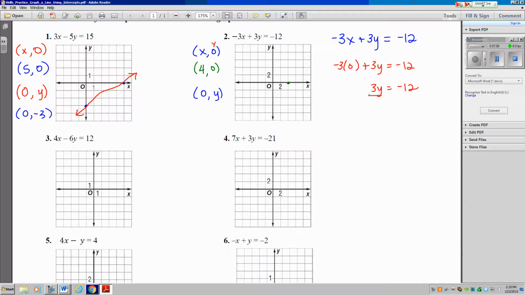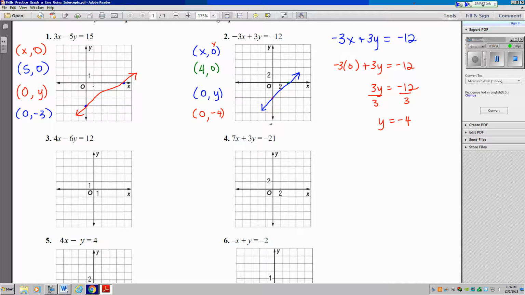Divide both sides by 3, and I get y equals negative 12 divided by 3 is negative 4. So this time I get 0, negative 4. Okay, and so 0, negative 2, negative 4. So there's my point. I have my 2 points. I can connect the dots.